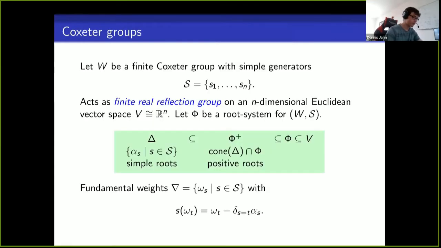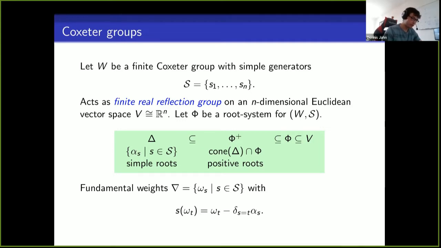We start with a Coxeter group with simple generators s_1 to s_n. Such a group acts as a finite real reflection group on an n-dimensional Euclidean vector space, and to this we can associate a root system Phi, not necessarily crystallographic. In such a root system, we can choose a system of simple roots. They will always be denoted by alphas.